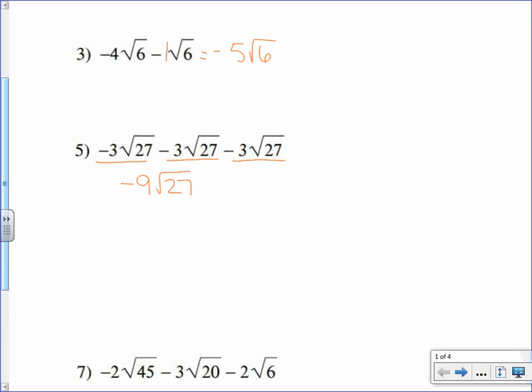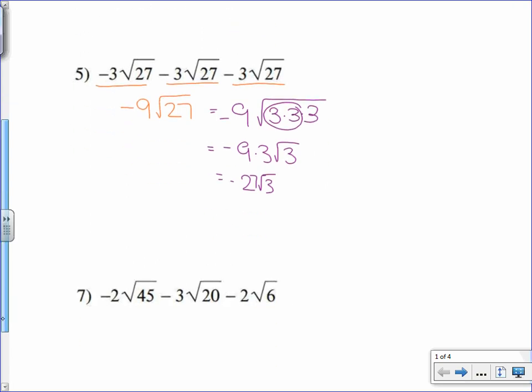This is going to be negative 9, and then 27 is 3 times 3 times 3. So I've got some 3's that I can pull out. When I pull out the 3, that's negative 9 times 3, and you leave a 3 in there, so this is negative 27 square root of 3. That one involved a little more work.